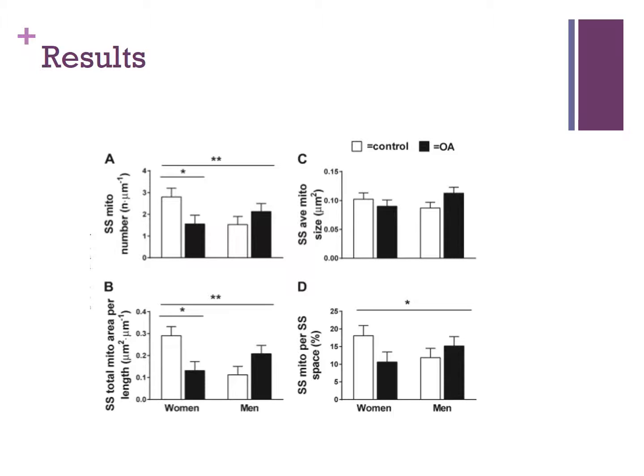Lastly, there was a difference in the SS mitochondria per subsarcolemmal space. The subsarcolemmal space is defined as the space between the sarcolemma and the first layer of myofibrils. There, however, was no change in the size of the SS mitochondria.